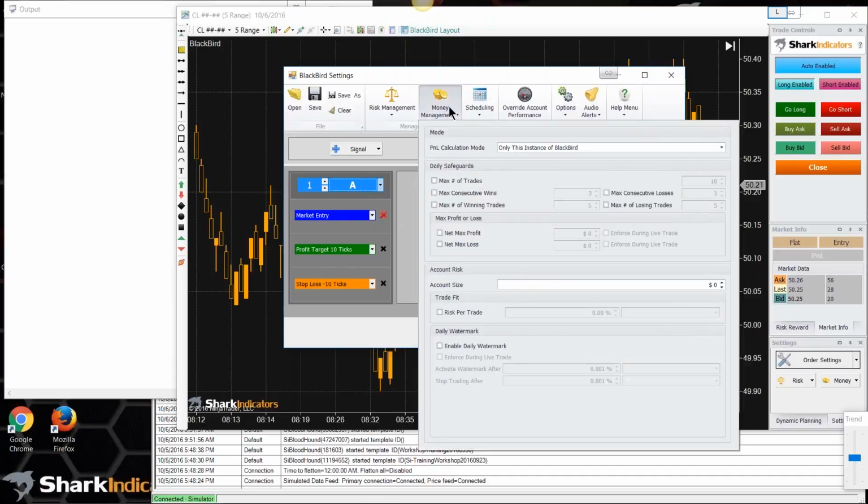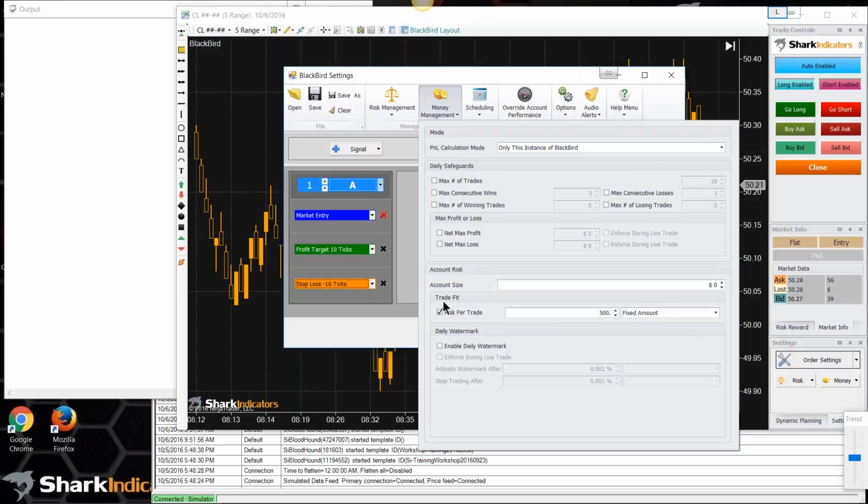And if we also go up to money management, there is a trade fit right down below here. We can have a risk per trade. And so to keep things simple, I'll put it on a fixed amount, right? And let's just increase this to 500, like so.